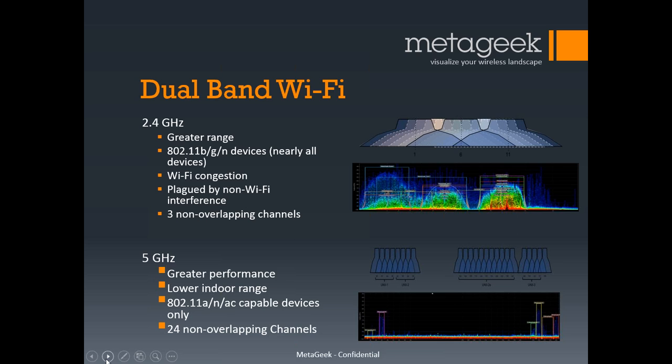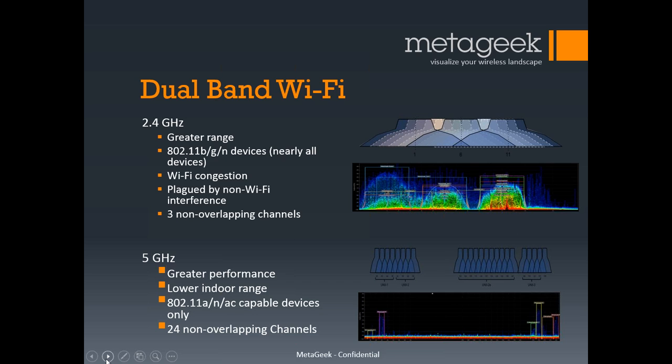So Wi-Fi, just a quick primer. Some of you may know this already. Wi-Fi lives in two bands, the 2.4 gigahertz band and the 5 gigahertz band. And when I say band, that's a frequency section of the electromagnetic spectrum. 2.4 gigahertz Wi-Fi is the older, quote-unquote, Wi-Fi, and much of the world is actually still on 2.4 gigahertz. It's only in mostly first world countries, and not even all of them, that 5 gigahertz is deployed.